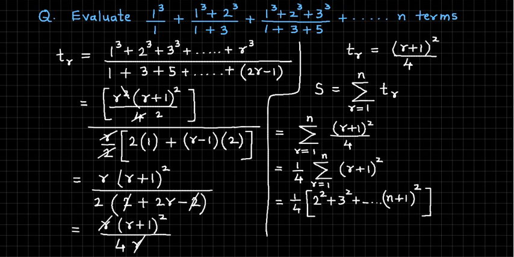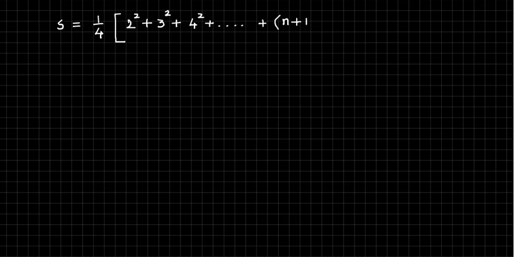So here we will rewrite the expression. So s is nothing but 1 upon 4 into bracket 2 square plus 3 square plus 4 square, and so on up to (n plus 1) the whole square. Now won't it be nice if we had 1 square also in the beginning, so that we could have directly used the formula to add the squares of first n plus 1 numbers.